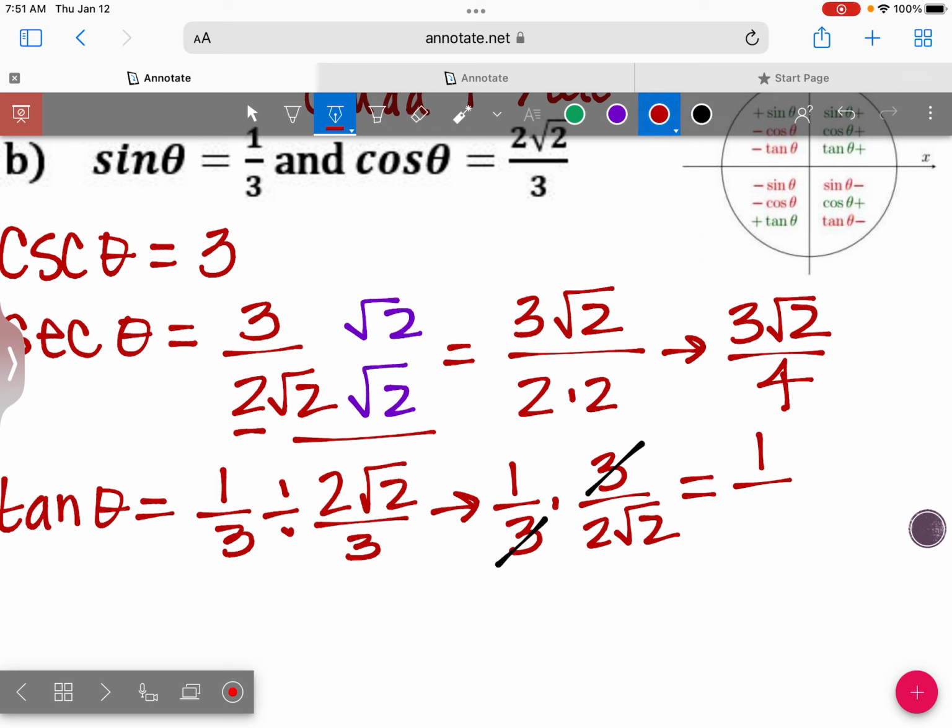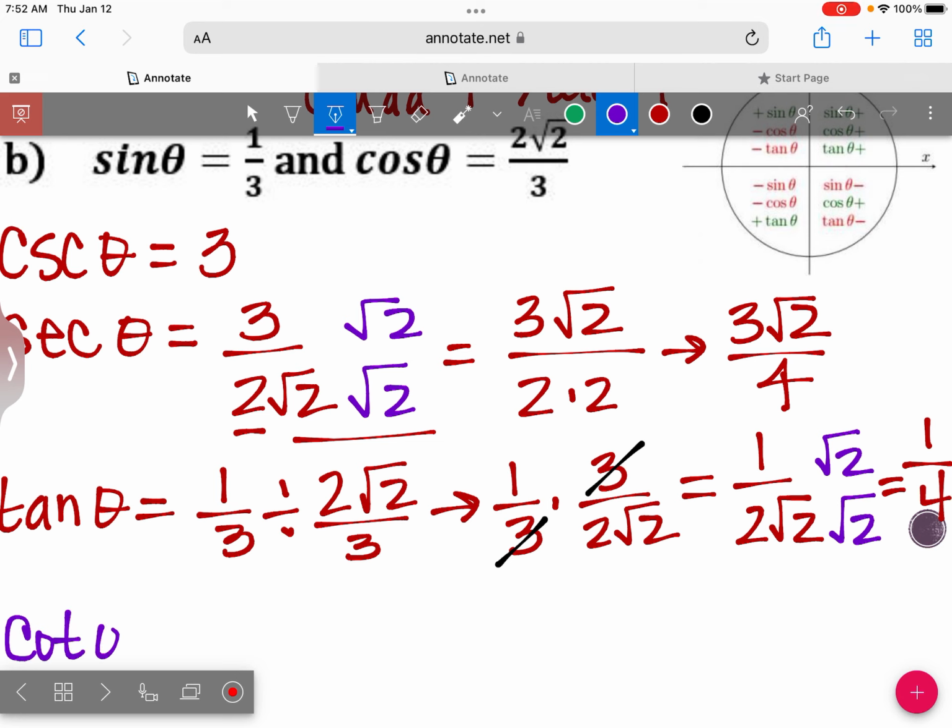So we have 1 over 2 root 2. Multiply it top and bottom by the square root of 2. And did you get 1 over 4? Who had that? Okay, good. And then once we know tangent, cotangent is pretty simple. I guess I'm cheating by not actually doing cosine divided by sine.